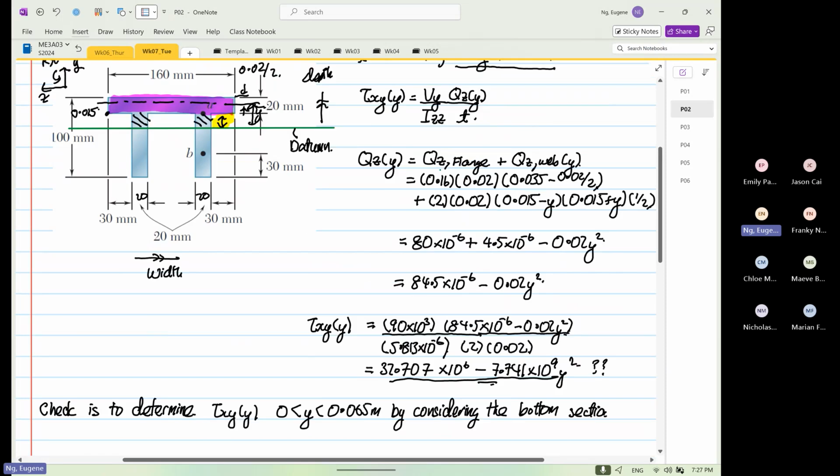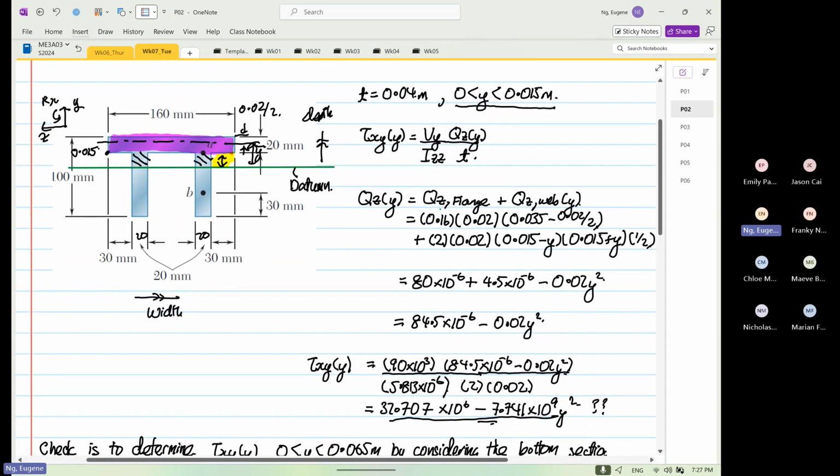So remember we did this example: if we look from the top or from the bottom, the first moment of area has to be the same. So that's what I'm going to do now. We're going to do this by considering the bottom.